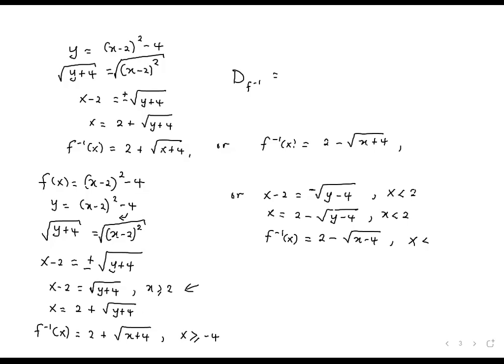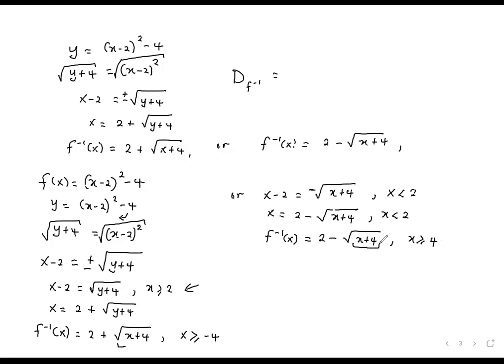So there was an error here. It's supposed to be plus for both. So it's x plus 4, x plus 4, x plus 4. So even here, x is greater or equal to -4.